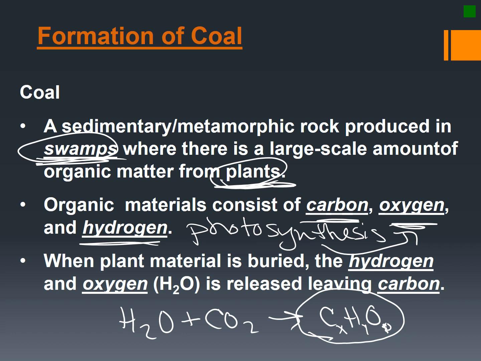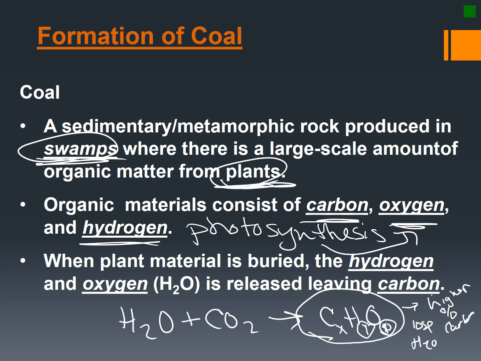Now, under a lot of pressure, the water gets squished out. So some of this hydrogen and oxygen will be squished out, and you will end up losing water. Think of it like a sponge, right? With more and more pressure, the water that was in the sponge would be squished out. You have a higher percentage of carbon.